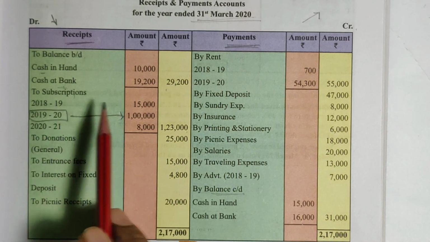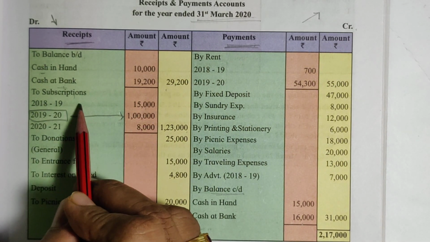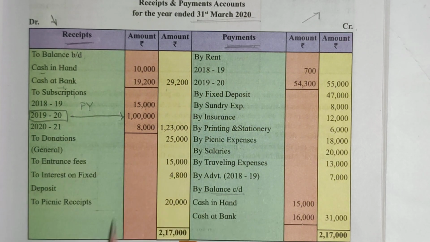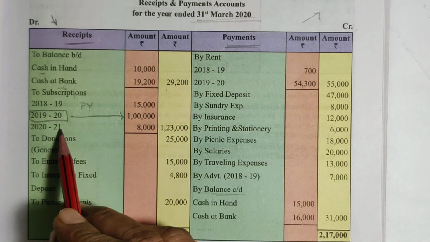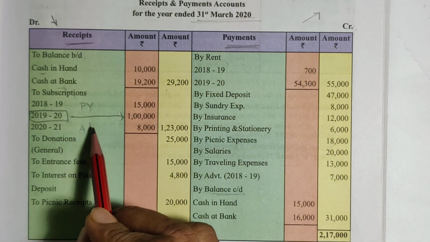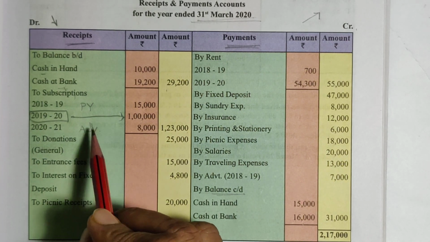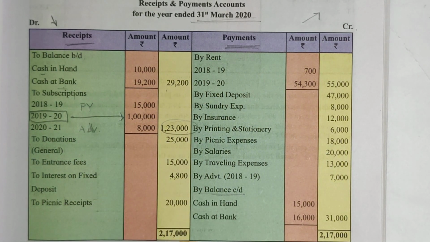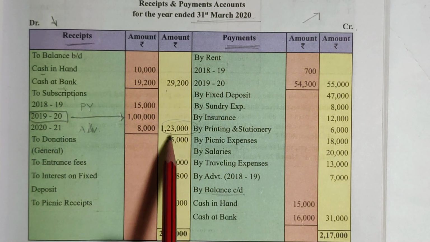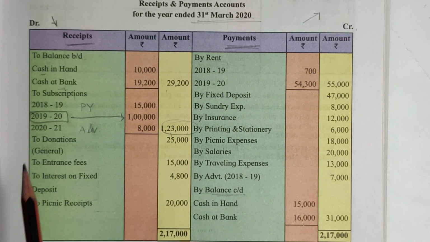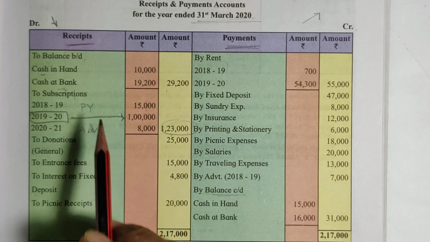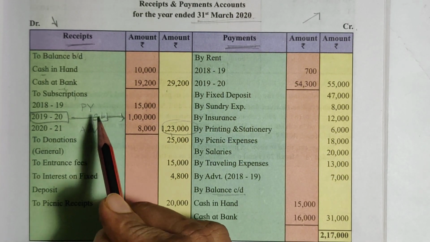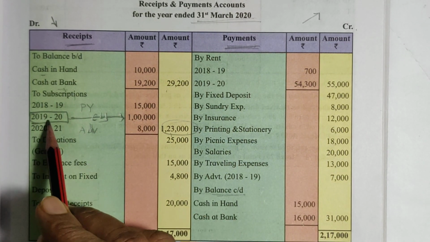So these are the subscriptions for previous year, and these are the subscriptions received in advance. All the subscriptions are received in the current year only, but belong to various years. Received for the current year, rupees 1 lakh only, 2019 and 20.